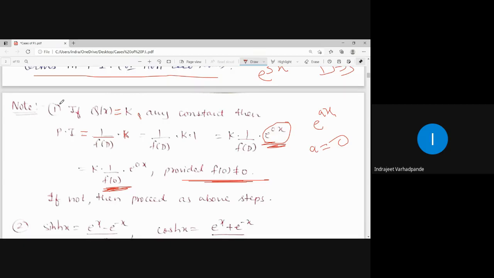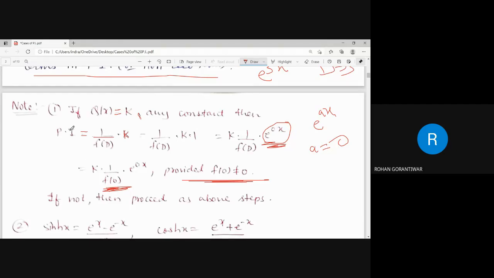Now every time you put the constant term, d will be replaced by 0, so you can get the answer as 0 always? No, a certain constant term will be there. 0 plus 2 will give you the answer as 2. So not every time does replacing d by 0 give you the answer as 0. In addition to that, if you have any constant term, it will be 0 plus constant is constant, right?